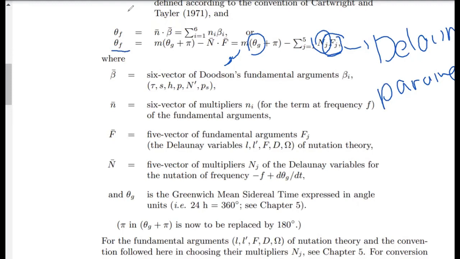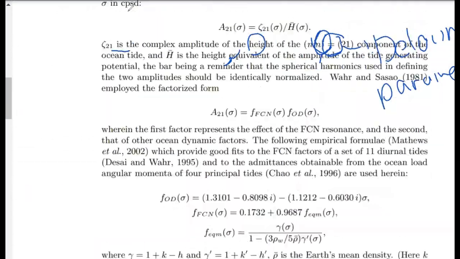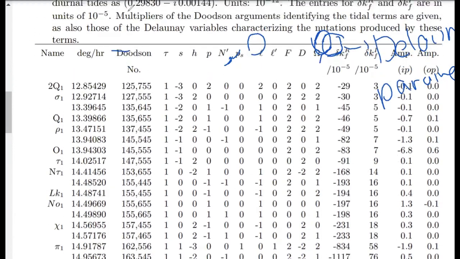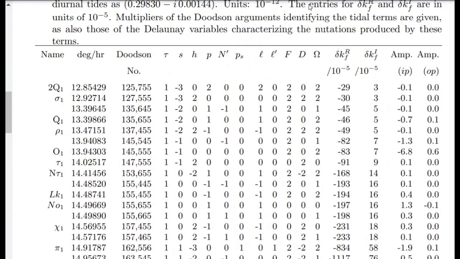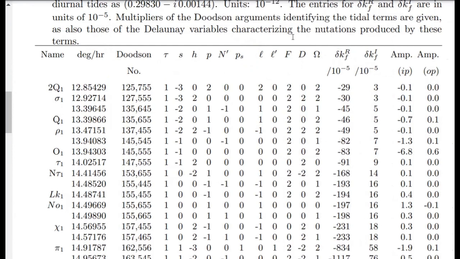So now I will show you where these N and J parameters are. The N, J parameters are available in the same table that I showed you. Look at this table. You have 5 Delaunay parameters, which are these ones, and you have this coefficient.